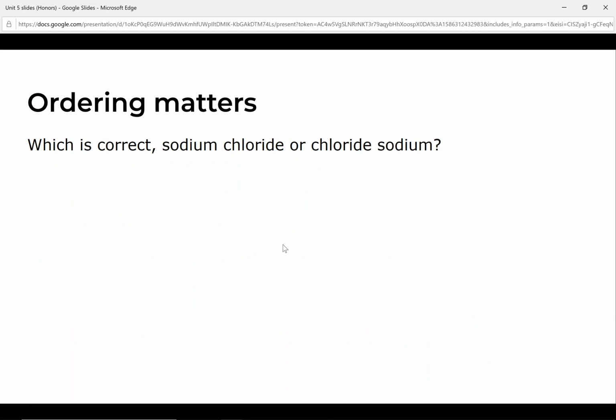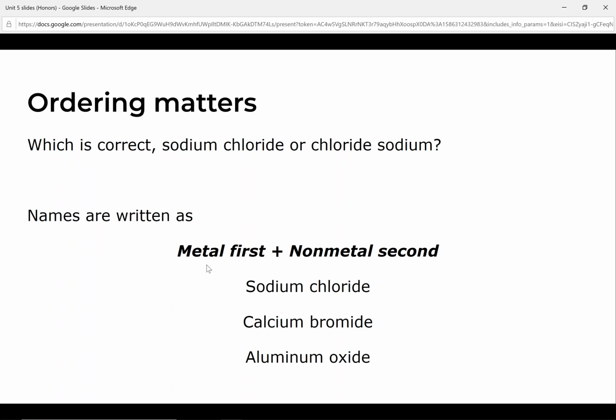Is this going to switch? All right, so the ordering of the two does matter. It seems a little obvious, right? But which one is correct, sodium chloride or chloride sodium? We always say sodium chloride. We're never saying chloride sodium. The order is always going to be the metal comes first and then the non-metal comes second.